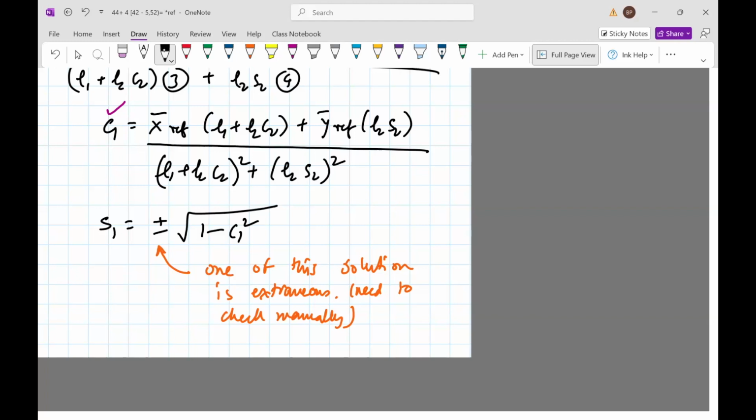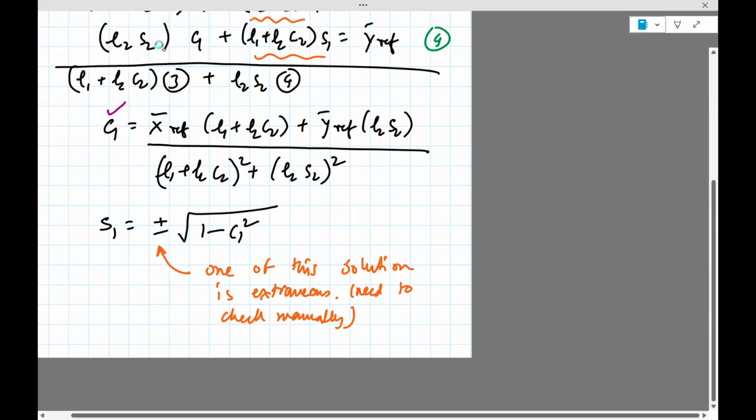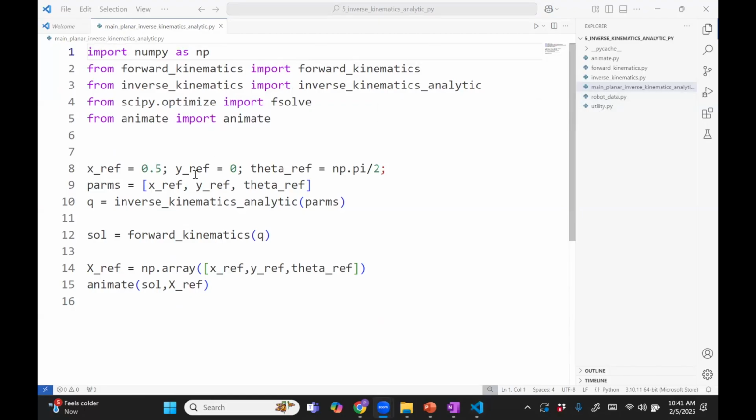Let's see if we can actually get the inverse kinematics for the planar manipulator using this. Five minutes, I think, should be enough to finish this off. I'm just going to write this from scratch, but use some of the code I already wrote. My goal is to compute the solution given x ref, y ref, and theta ref.